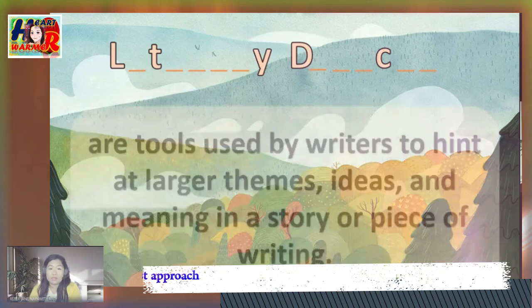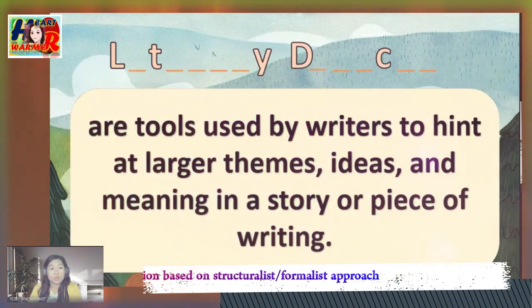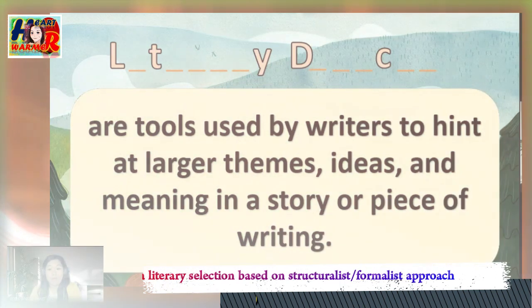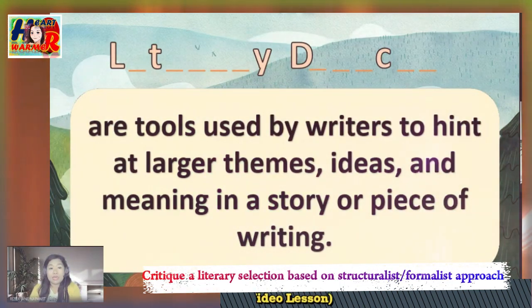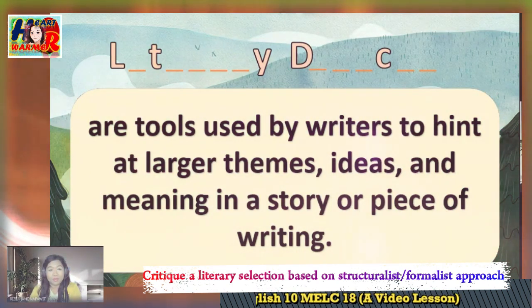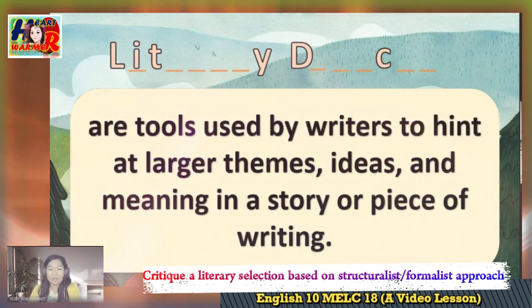What do you think is this missing word? This refers to the tools used by writers to hint at larger themes, ideas, and meaning in a story or piece of writing. Think about it. I'm pretty sure you know the answer.